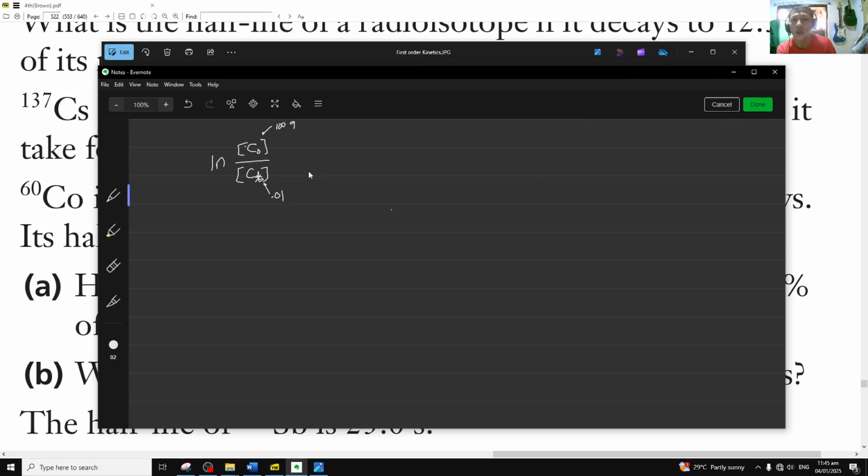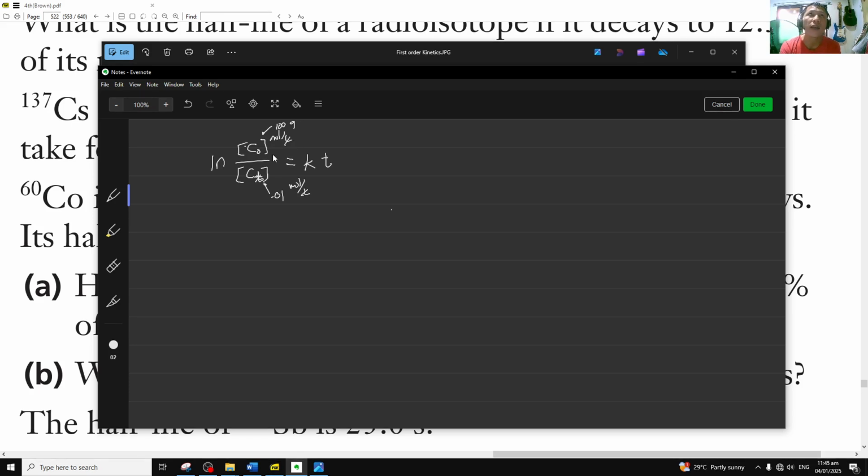You can, of course, look at the derivation of how they derived the half-life. But since K is still constant for that particular nuclide, and your t now is not half-life, t is the number of years when the concentration would be 0.01. Actually, here it is the mass. But if the volume does not change, this is mole per liter and this is also mole per liter, so we can rule the volume out.